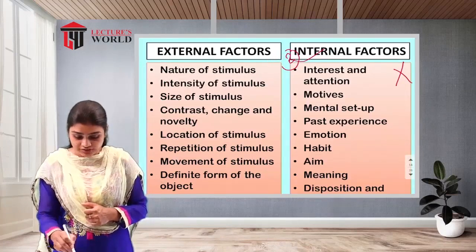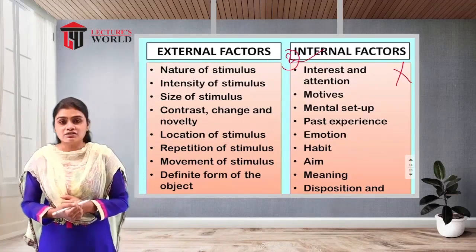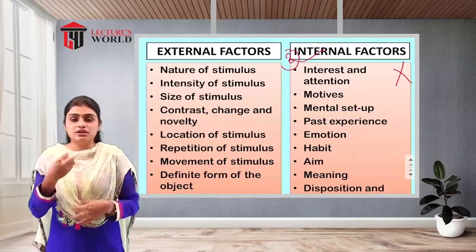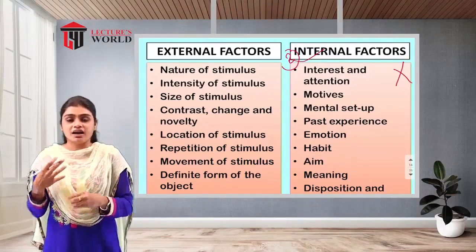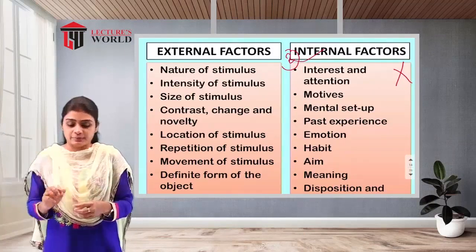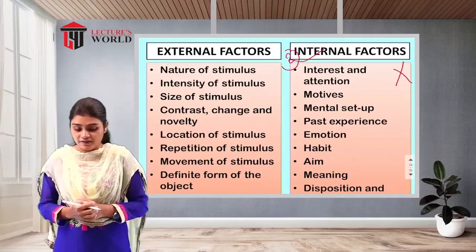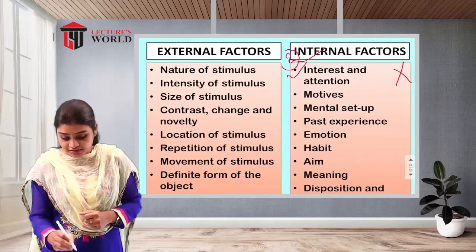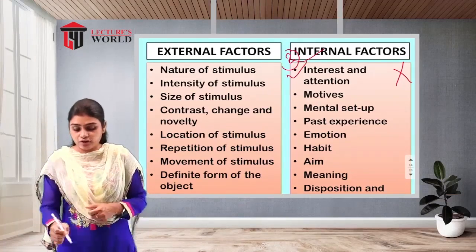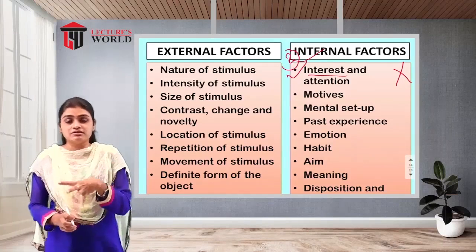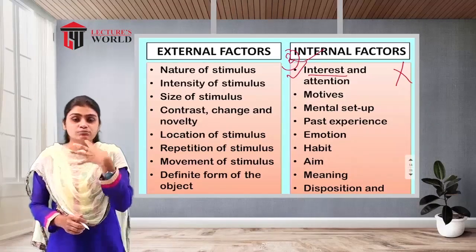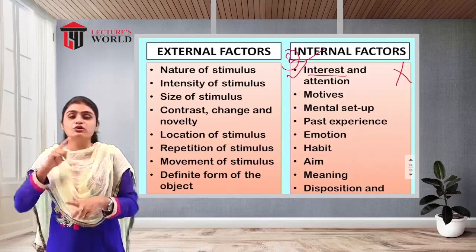Next we are going to see our internal factors. That means inside the human being, inside ourselves, what are the factors which make us focus on something. So those are our internal factors. The first and most important one is your interest and attention. For an example, in whatever activities or events or objects I am more interested, my attention will go quickly over there.